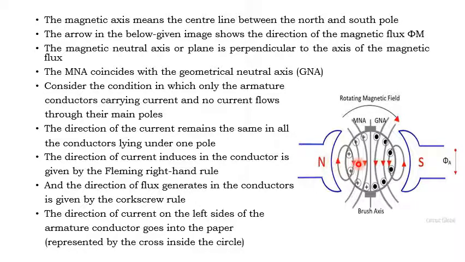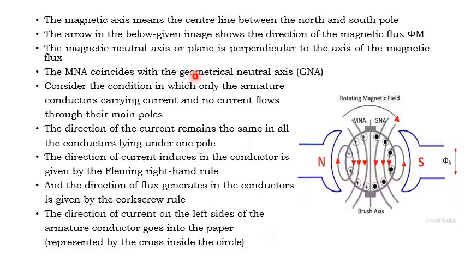The arrow shown in the diagram gives the direction of the magnetic flux. This magnetic flux, represented as phi suffix m, is uniformly distributed throughout the magnetic axis. The magnetic neutral axis, or plane, is perpendicular to the axis of the magnetic flux.